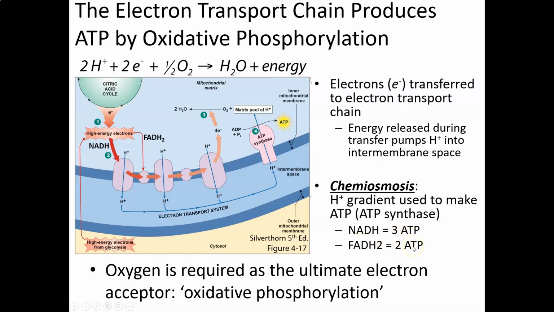FADH2 gives me 2 ATP. I want you to know that this happens in the mitochondria and oxygen is required, and that the process of making NADH and FADH2 into ATP in the electron transport chain is called oxidative phosphorylation or indirect ATP. It's a nice summary of what we're doing.